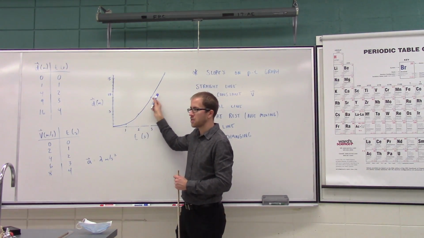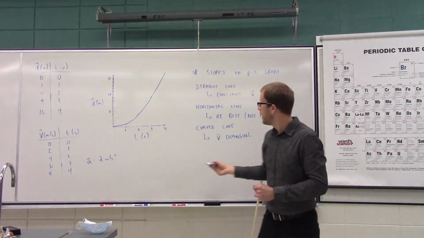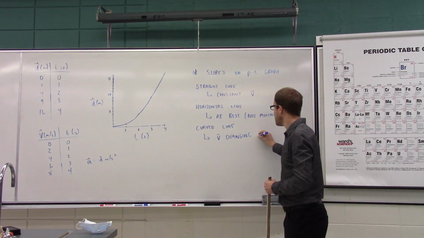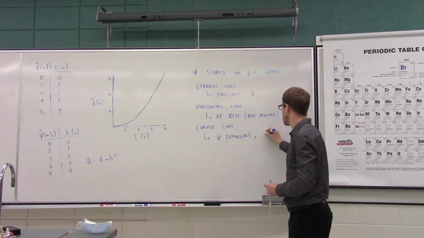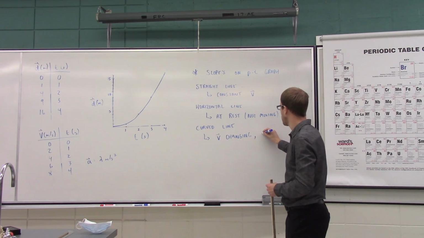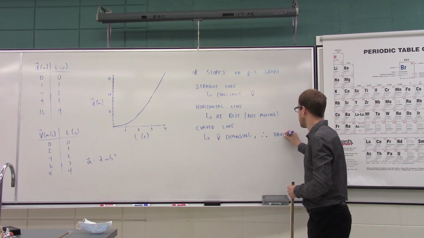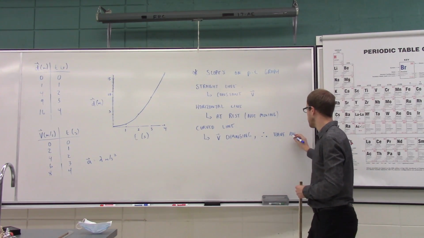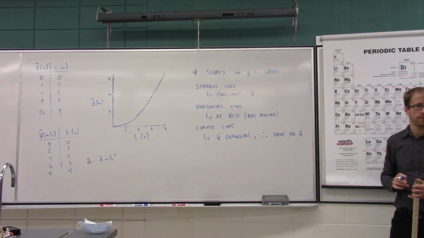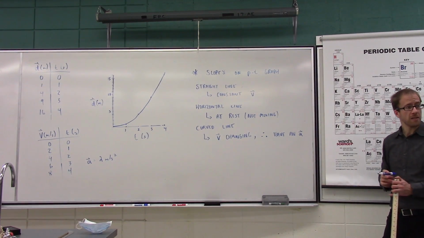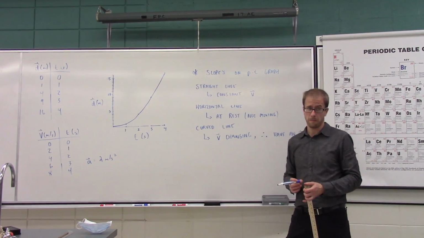Of course. So my slope is changing, thus my velocity is changing. And by definition, if you have a changing velocity, you have an acceleration. And this doesn't necessarily mean it's speeding up. It could also mean it's slowing down.